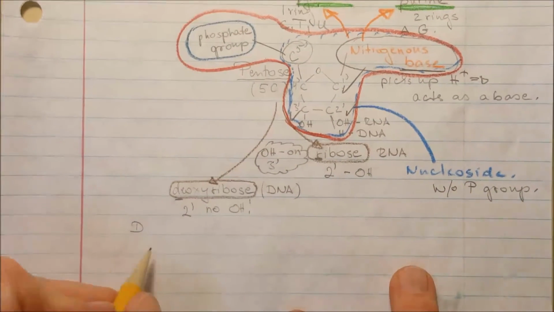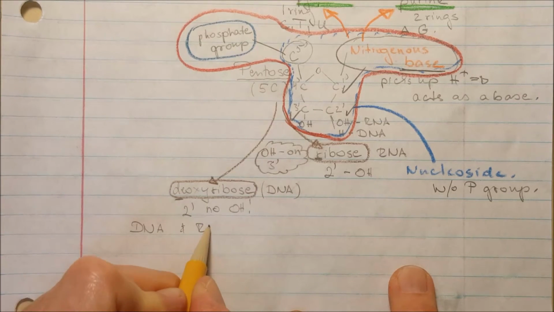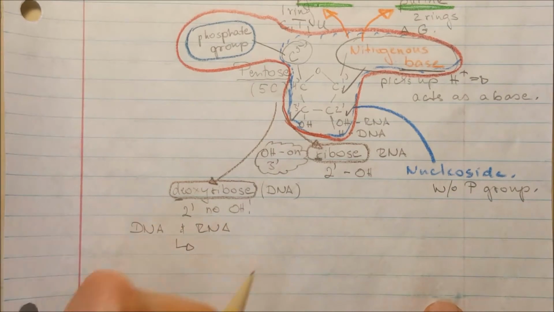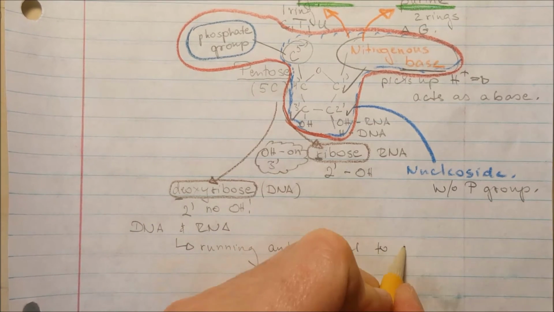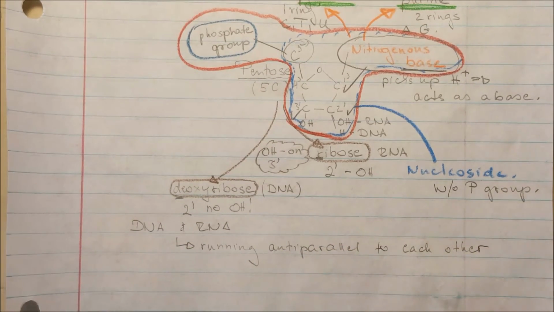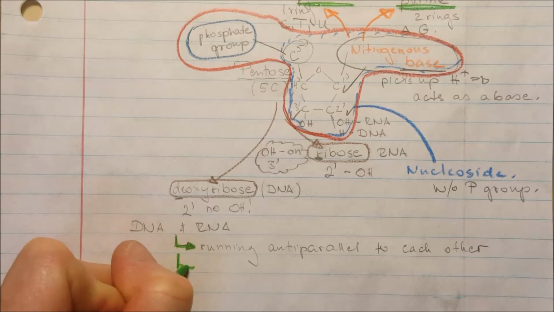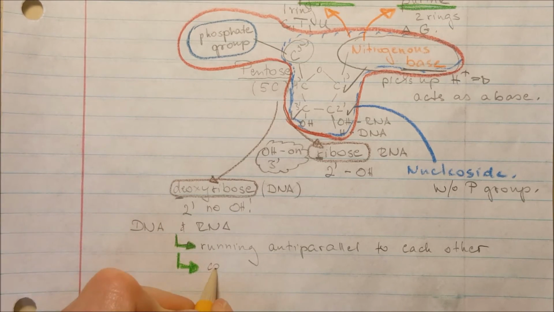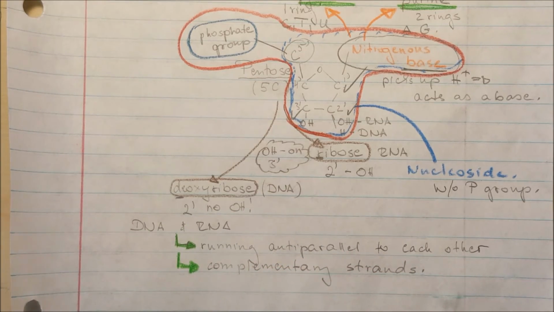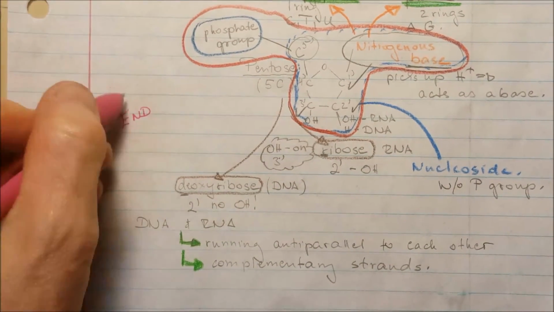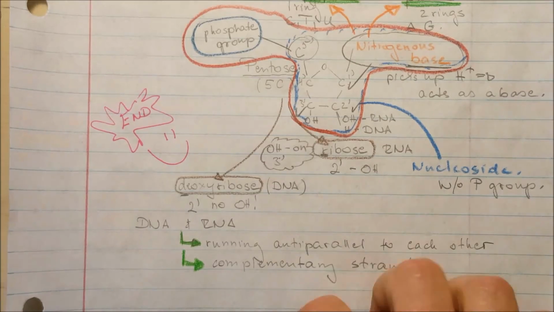Nucleoside is without the phosphate group. The DNA and RNA run anti-parallel to each other. We will discuss that in class. And they are complementary strands to each other. If you remember that from junior year, this is very important. And that's it for the proteins and DNAs.